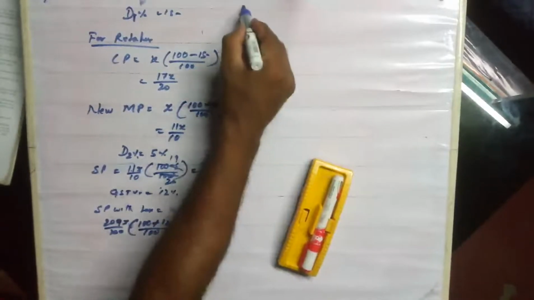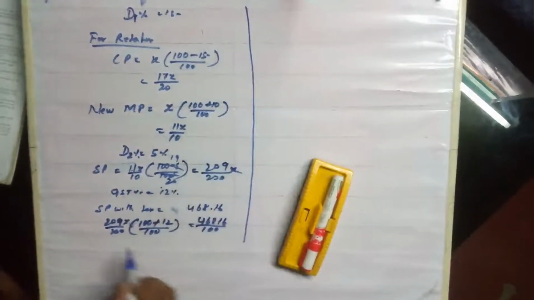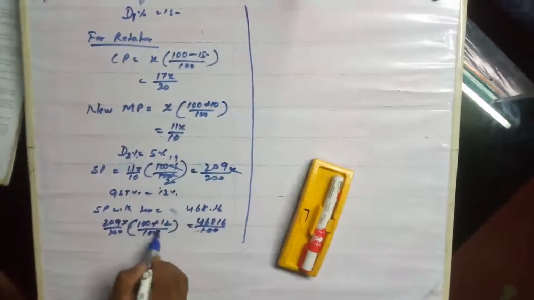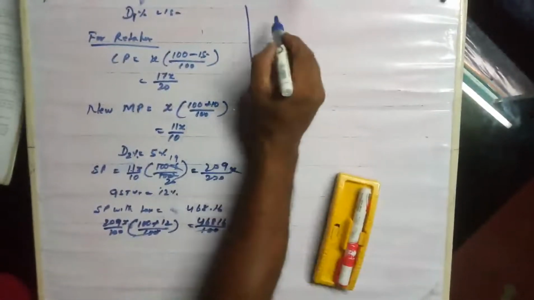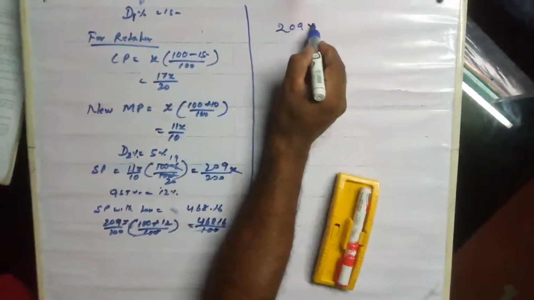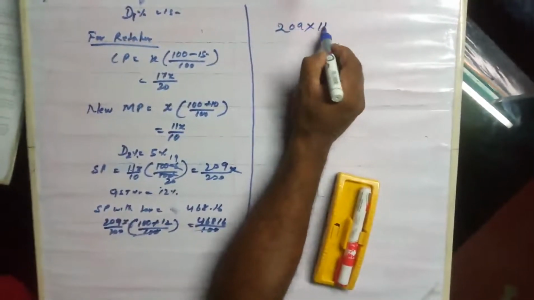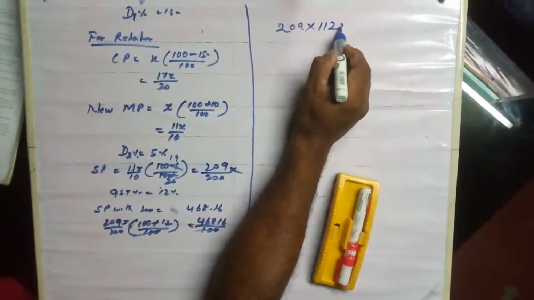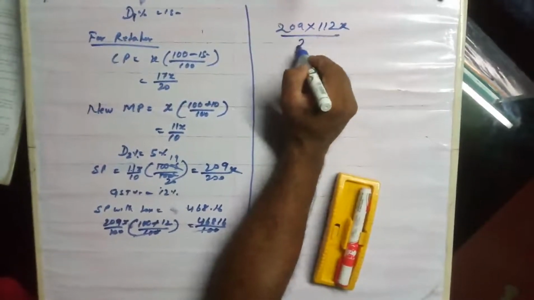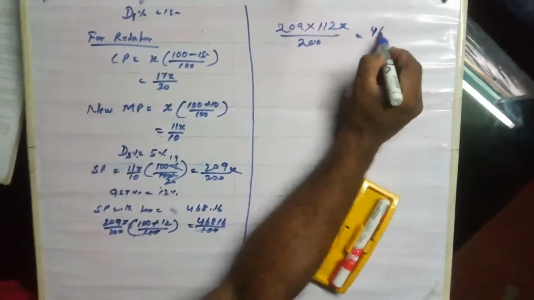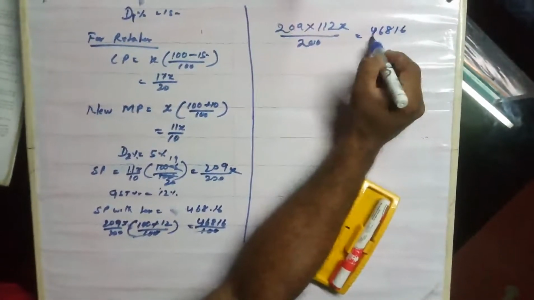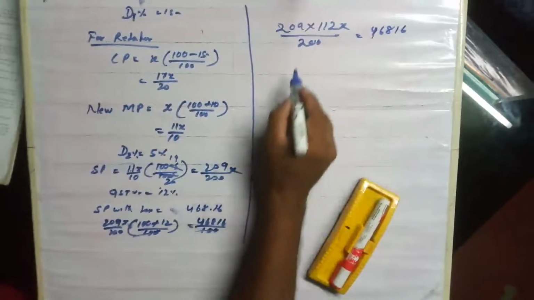Now come to this side. On this one, the 100 denominator on both sides you can cancel. Left out is 209 into 112x by 200 is equal to 46816. Okay, what to do now?